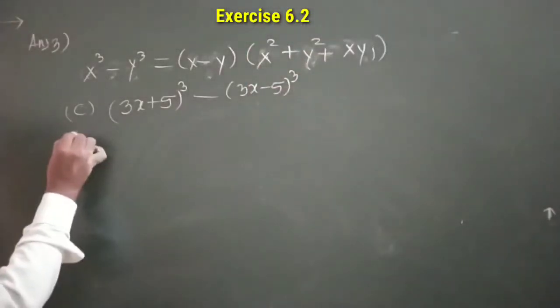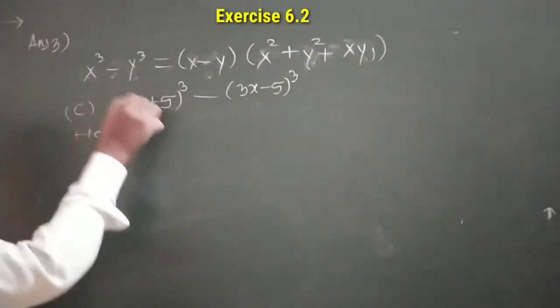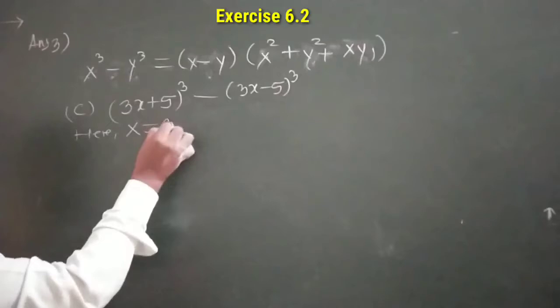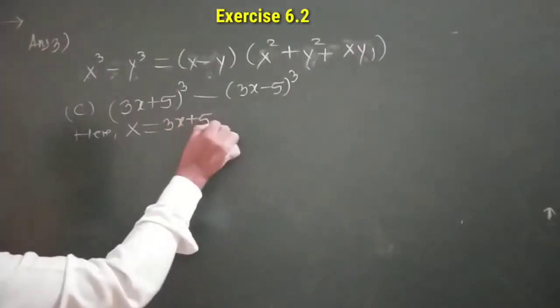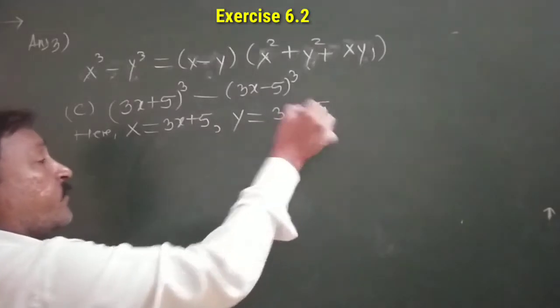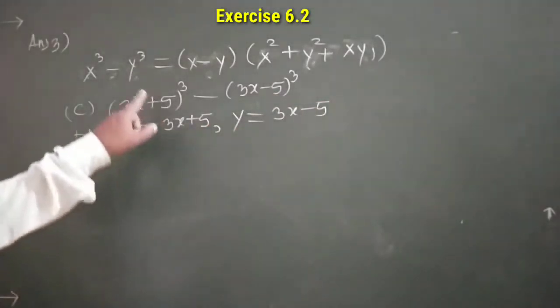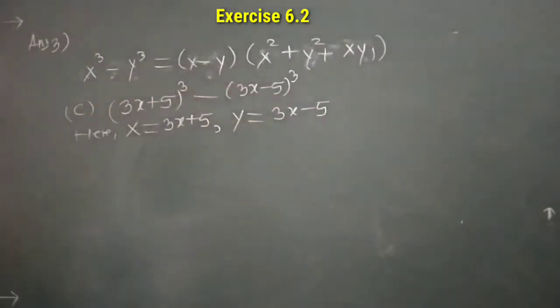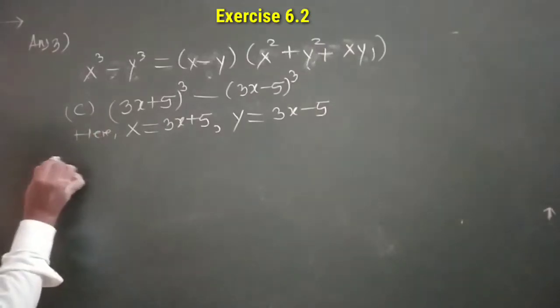Okay. So if you compare both, then capital X will be equal to 3x plus 5 and capital Y will be equal to 3x minus 5. Okay. We have the left hand side, so we have to substitute values in the right hand side. So just substitute it.